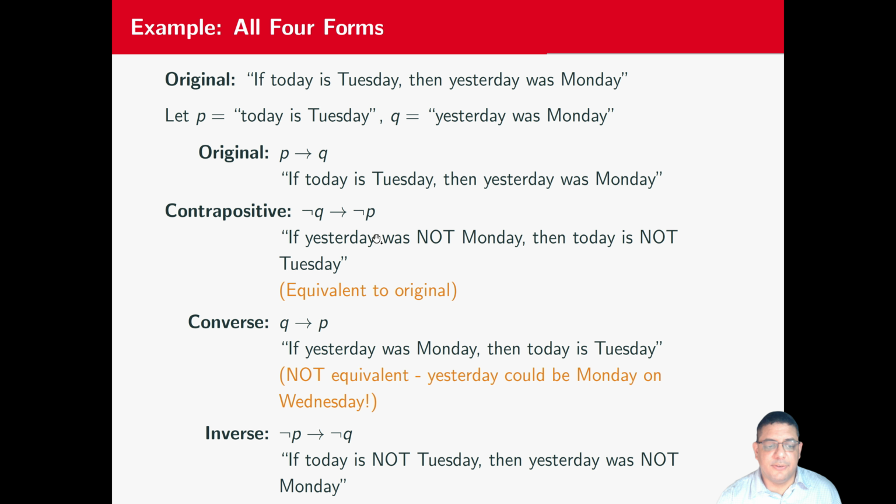For the converse, Q implies P means if yesterday was Monday, then today is Tuesday. This is not equivalent to the original, because yesterday could be Monday and today Wednesday. The inverse, negation of P implies negation of Q, is: if today is not Tuesday, then yesterday was not Monday. This is not equivalent to the original statement, but once again is equivalent to the converse.